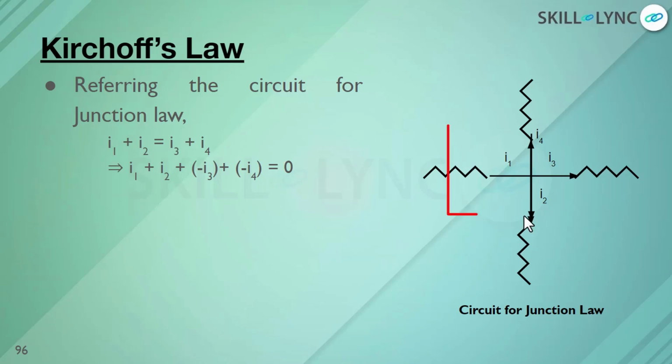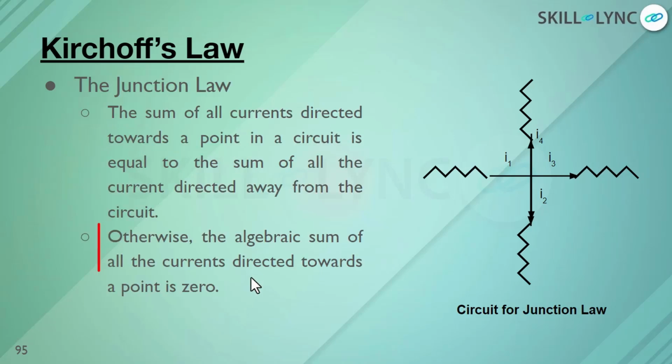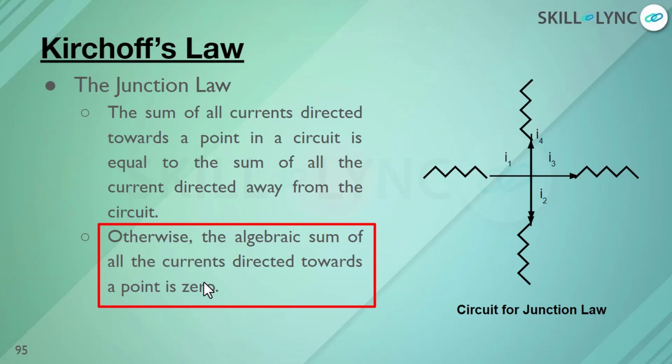If I1 and I2 are currents towards the center and I3 and I4 are currents away from the center, this can also be understood by shifting the RHS to the LHS, that is I1 plus I2 plus negative of I3 plus negative of I4 is equal to 0, which is the second point in the previous slide: the algebraic sum of all currents directed towards a point is 0.